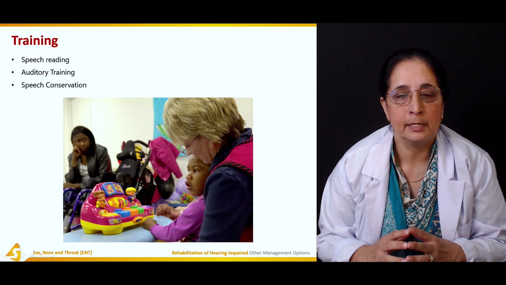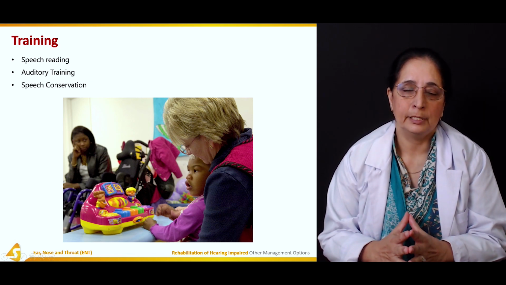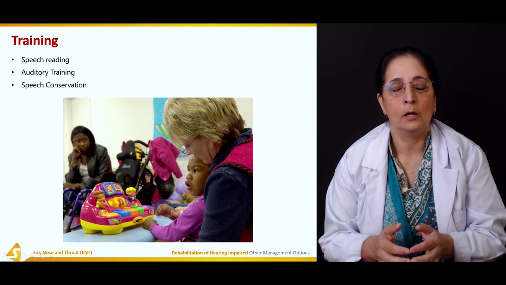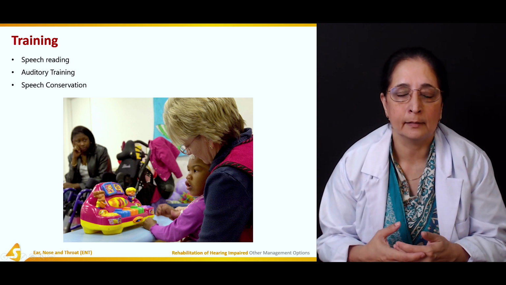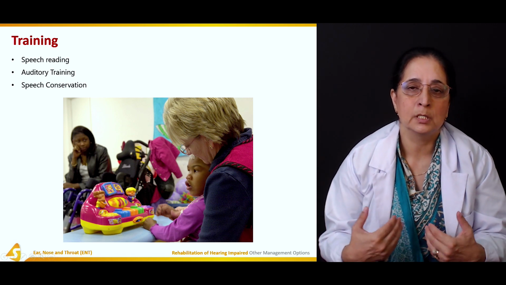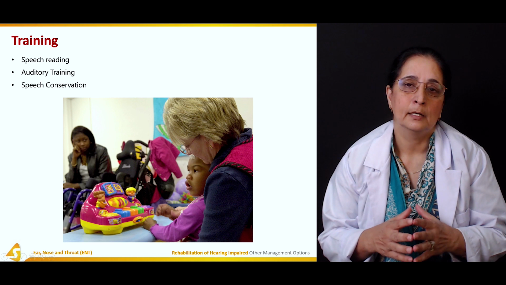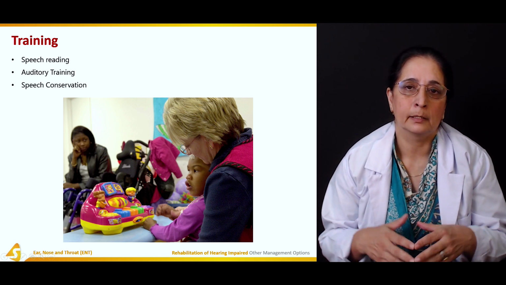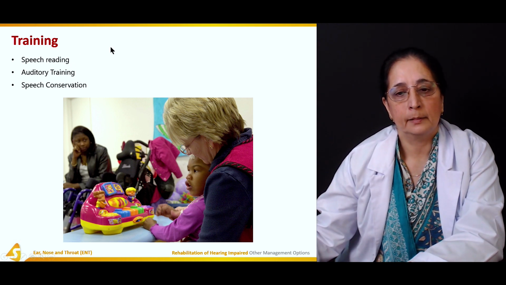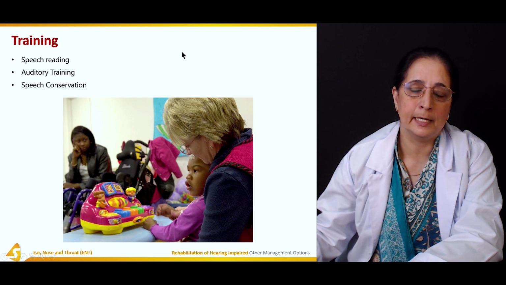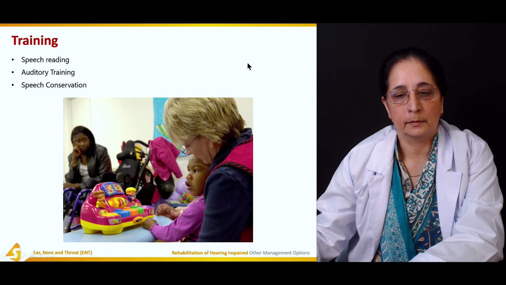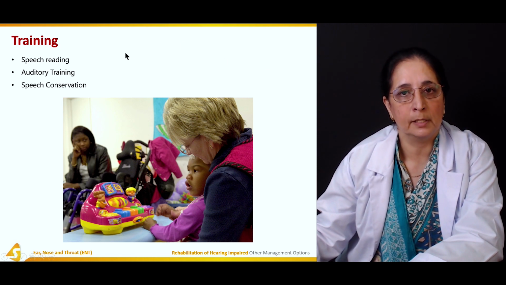All these are different training methods which help the individual, especially children, to communicate better, produce sounds and hear sounds better, and explain their things better, so they can do better in society and in their environment.